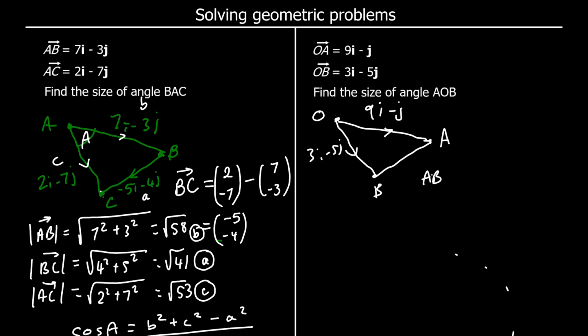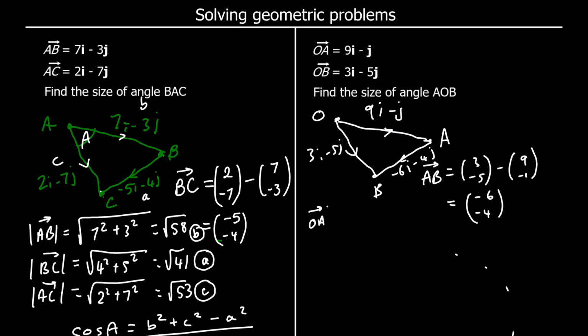So AB is OB, the position of B, take away the position of A, so 3, negative 5, take away 9, negative 1, which is negative 6, negative 4. So negative 6i minus 4j. Then we can write their magnitudes.